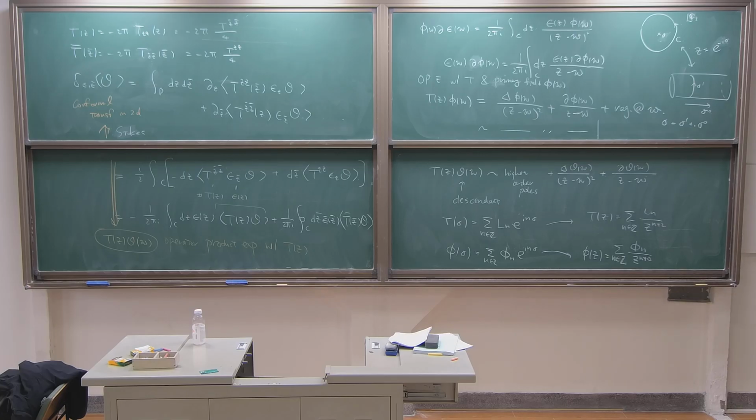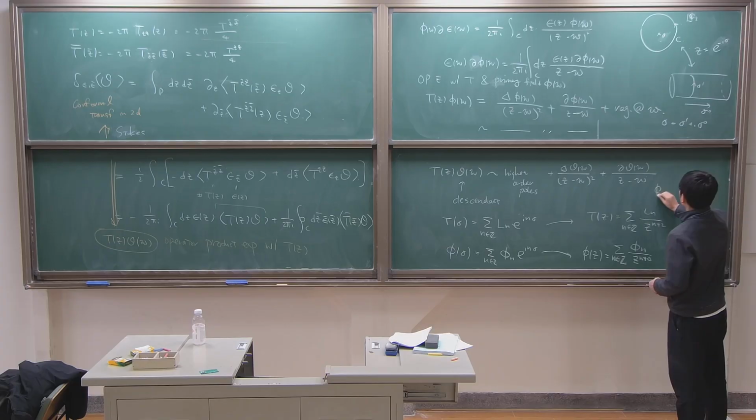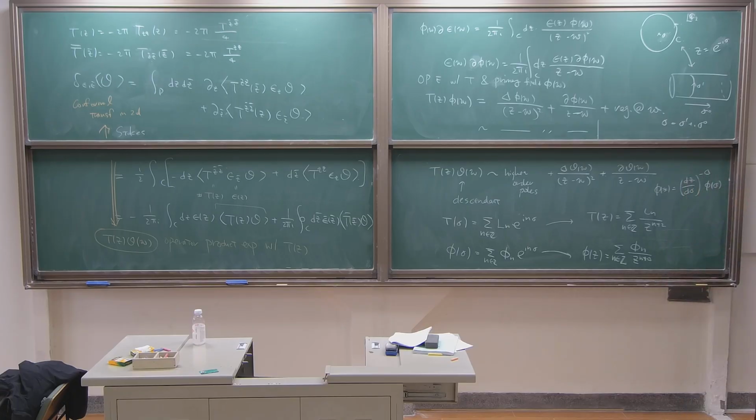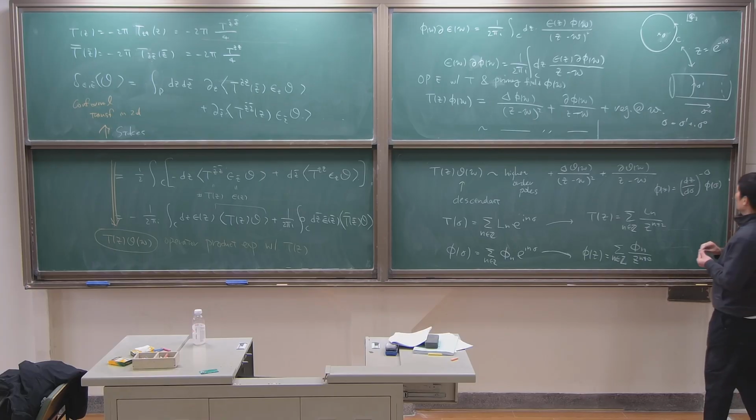Can you see that? The phi of z should be a d sigma to the minus delta times phi of sigma. Okay, so that's the primary field. It should behave that way, right? Is it okay?